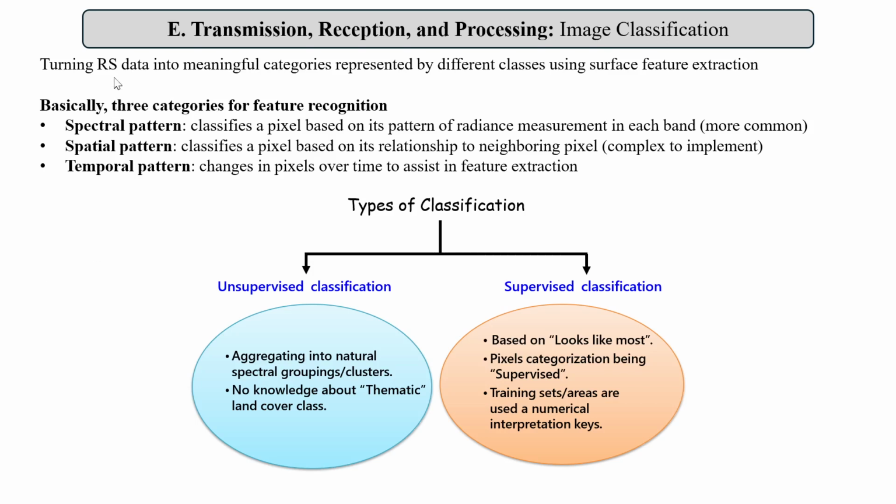Okay, so there are two types of classification. The first one is unsupervised and the second one is supervised classification. Unsupervised classification is basically done by computers, so we don't have to provide any training input or data set.